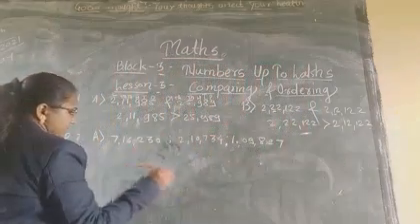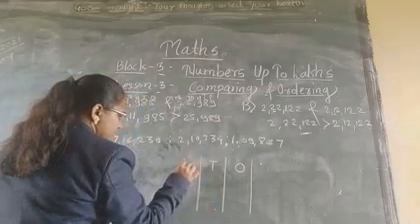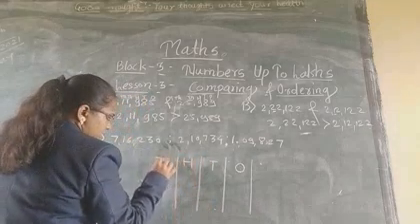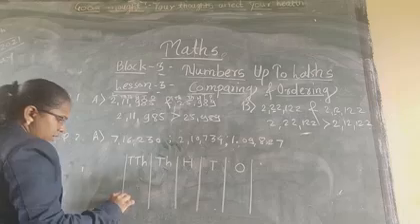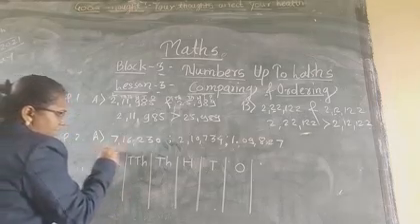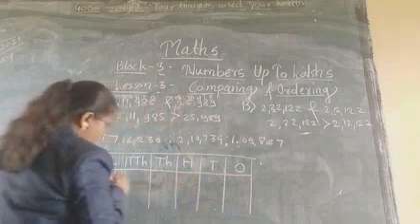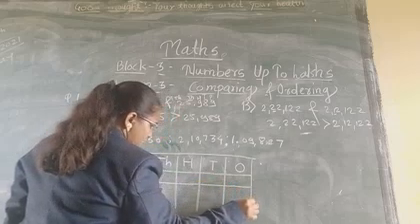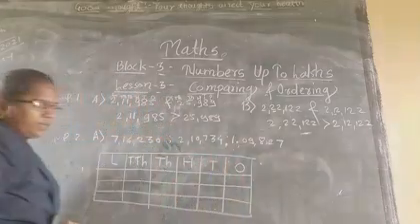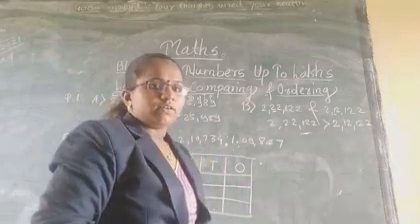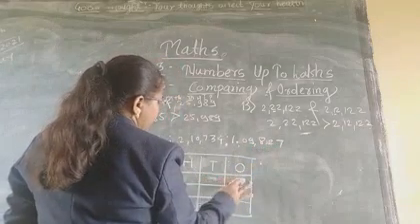So: ones, tens, hundreds, thousands, ten thousands and lakhs. This is the place value chart. Then we fill in the numbers in this table.